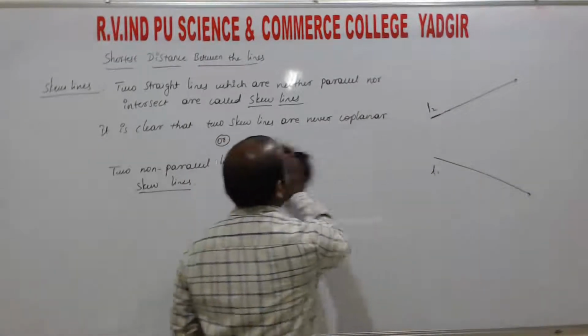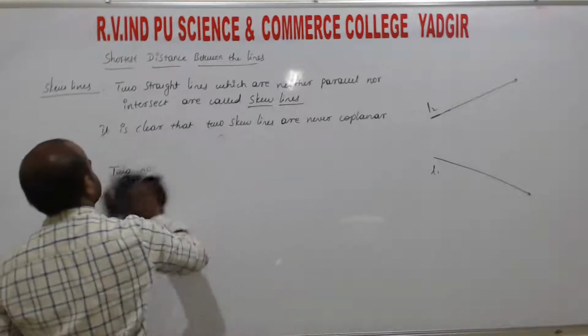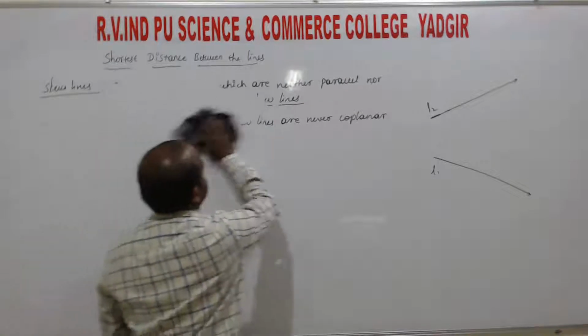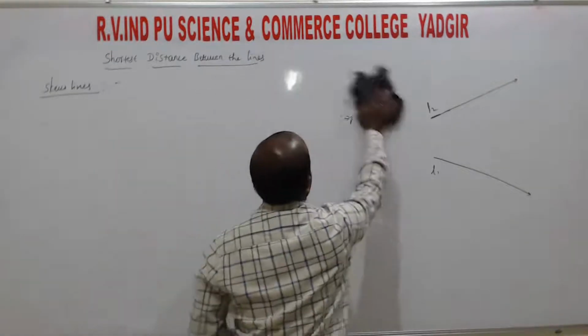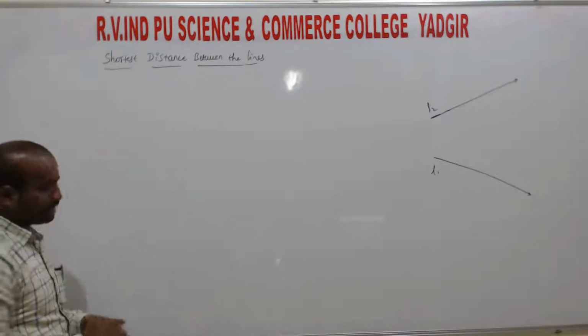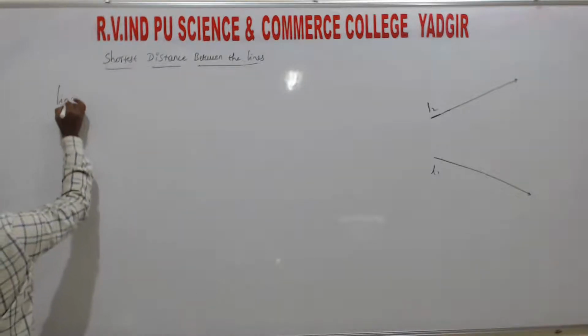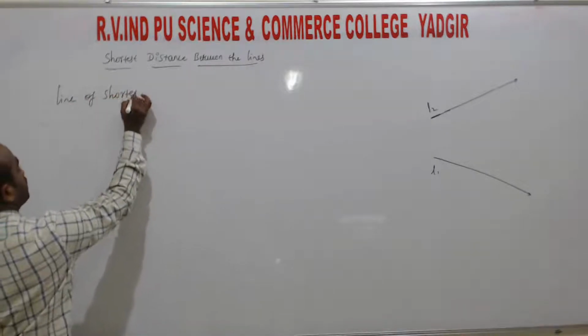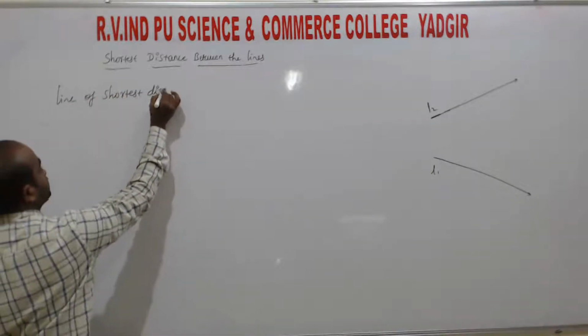Next definition, line of shortest distance.